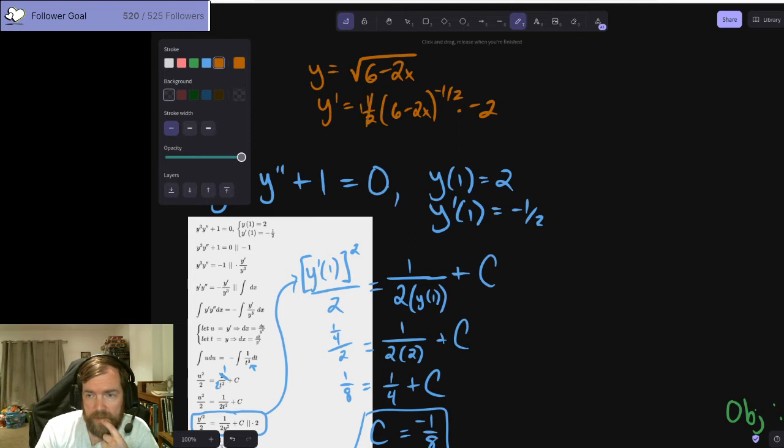That gets rid of that, and then we can just stick the negative on the front. Take y double prime, that's going to be equal to negative 1/2 comes down and interacts with that, makes it positive 1/2 times 6 minus 2x to the negative 3/2, and then times negative 2 again. So this gets rid of that, and again we get the negative coming out front.